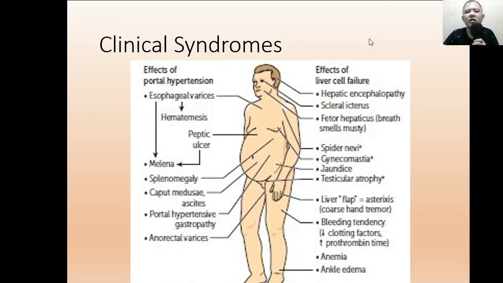For hepatic failure, you have hepatic encephalopathy, gynecomastia secondary to retention of estrogen, also secondary to ammonia encephalopathy, and bleeding tendencies due to the poor production of clotting factors.